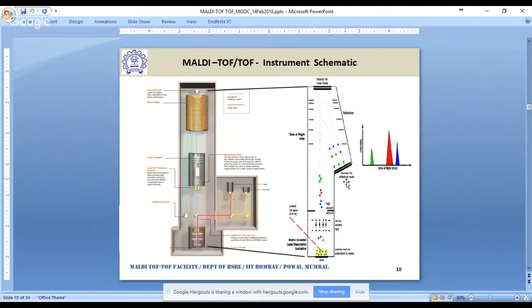Once the detectors detect these ions, depending on the intensity of the ions that are hitting the detector, different intensities are recorded. So the y-axis of the graph will give you the intensity of that particular ion, while the x-axis will give you the m by z ratio.